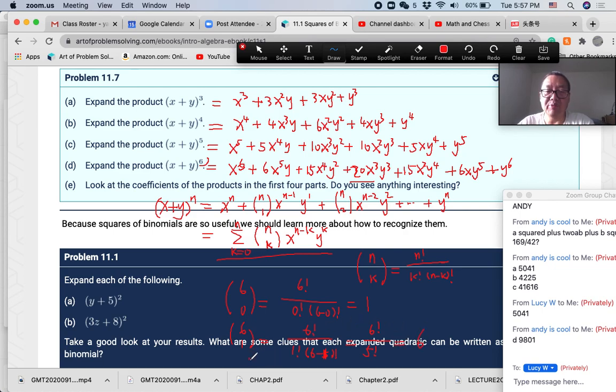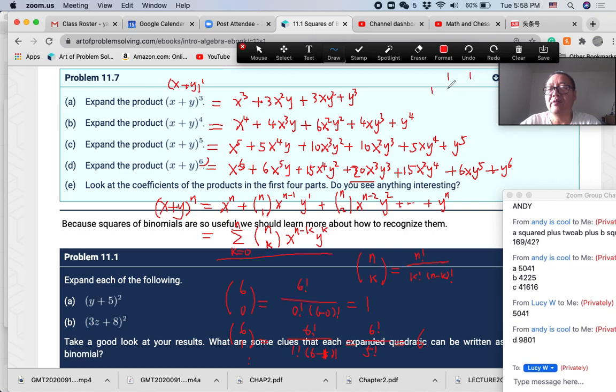Okay, then you keep doing this, you can find all these coefficients. This is one way. Actually, you can also use what's called the triangle. So that means for when this one equals 1, that will be 1 1.